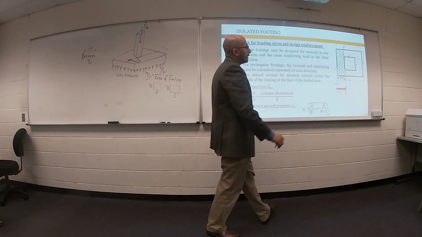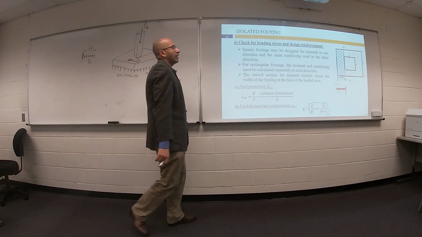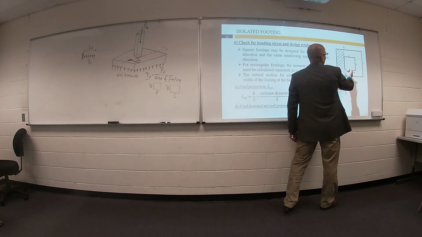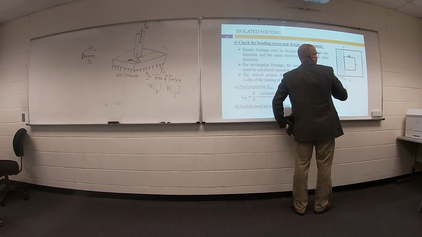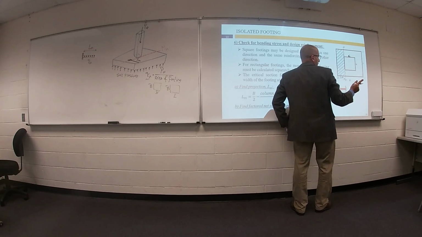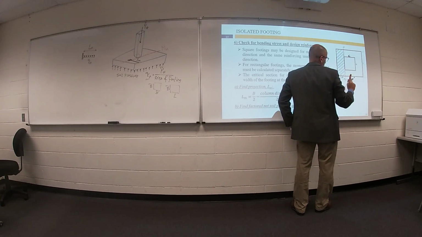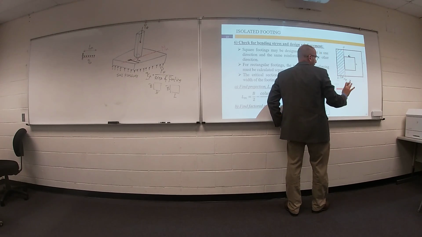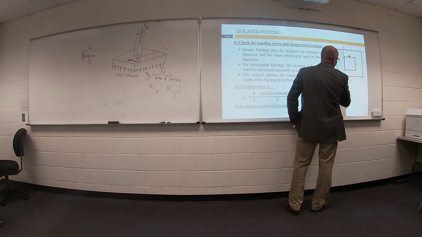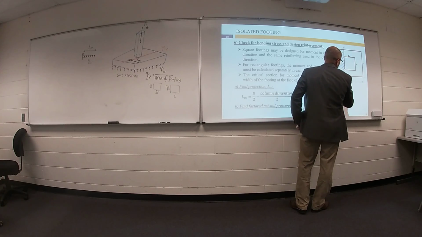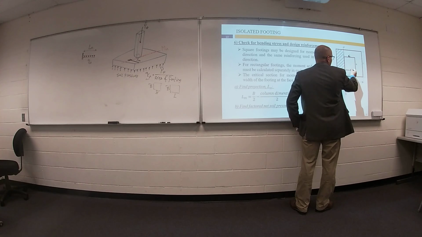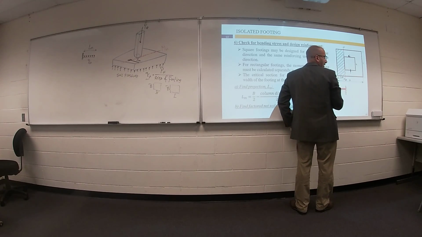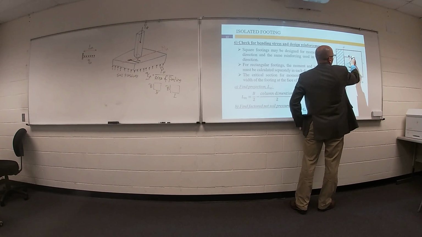Do you know how can I get it? For this one, for example, here is the column B times C. What is this distance? B minus X? No, forget X, I don't have any distance X. Sorry. I need to figure out. B is the total distance. If you divide B by 2, I will get distance from here to here. If you divide this dimension of column by 2, I can get this dimension.